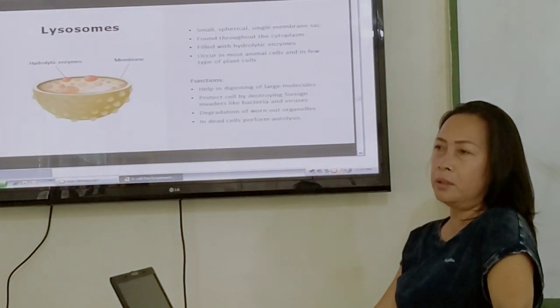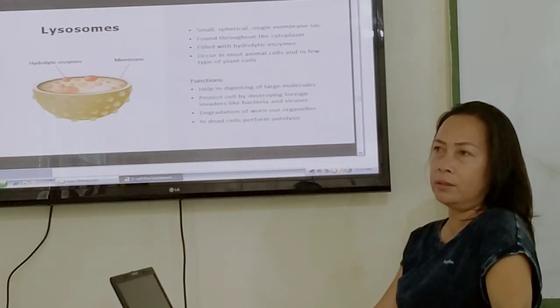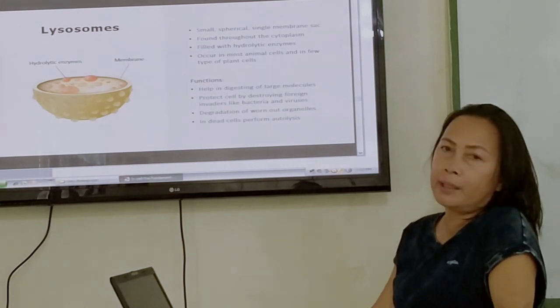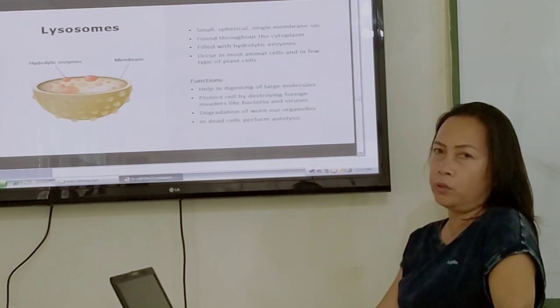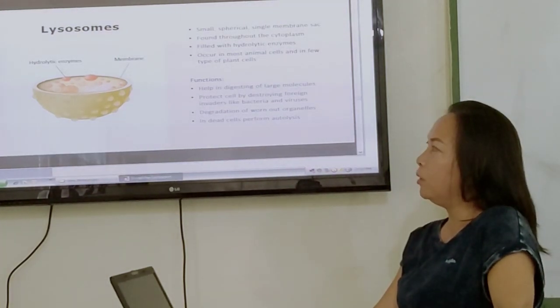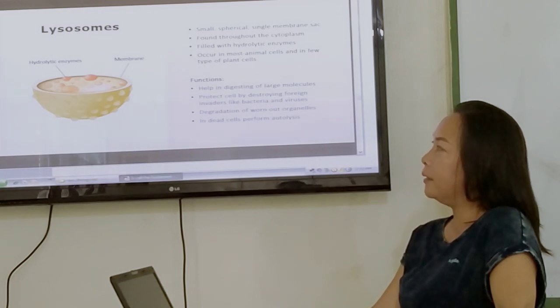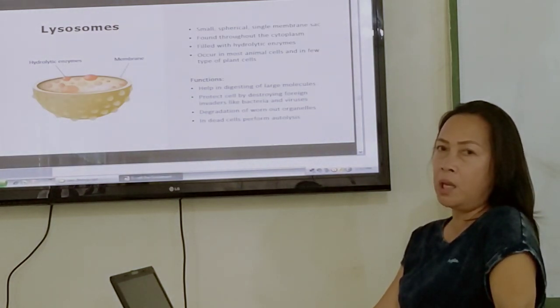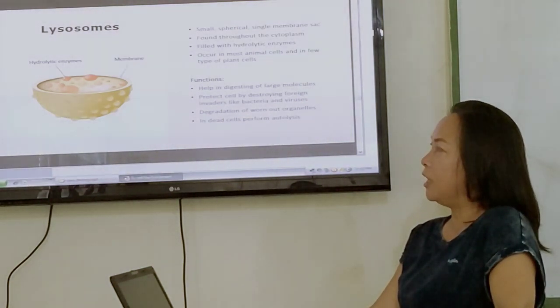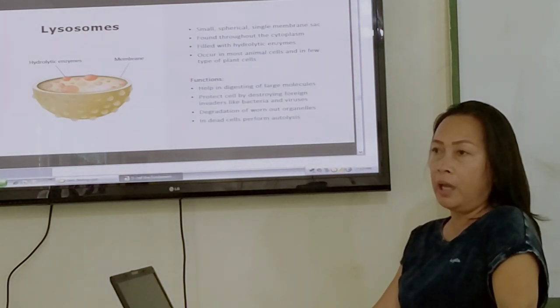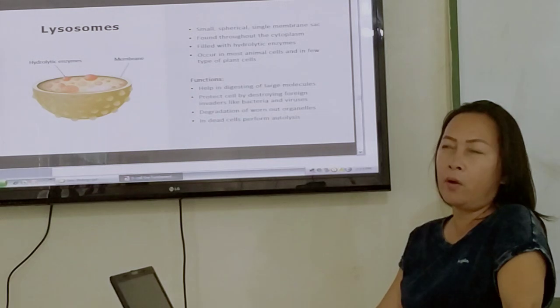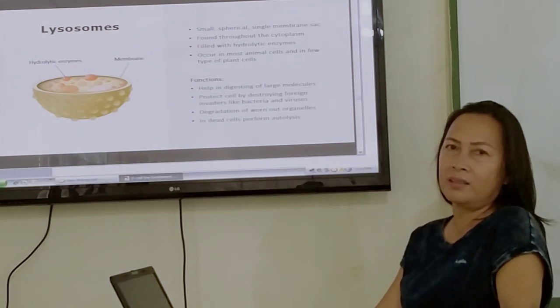Those unwanted molecules or old organelles, for example an old mitochondrion, will be engulfed by the lysosome, and that will be digested by the hydrolytic enzymes or digestive enzymes, and that will be destined for recycling.